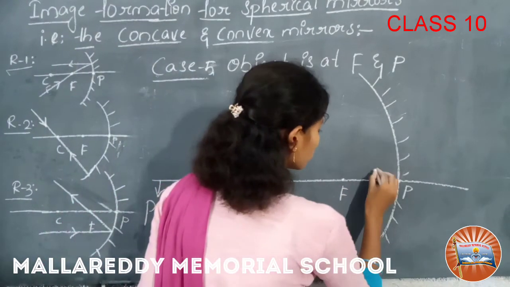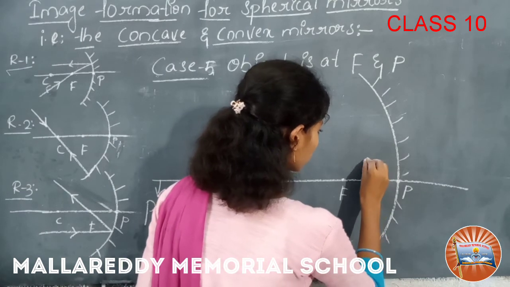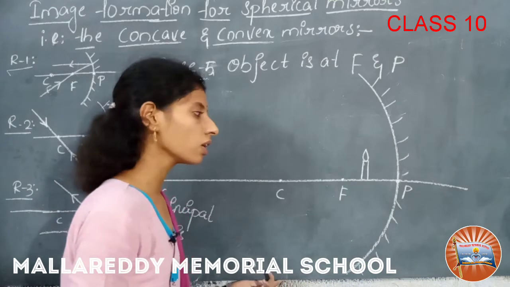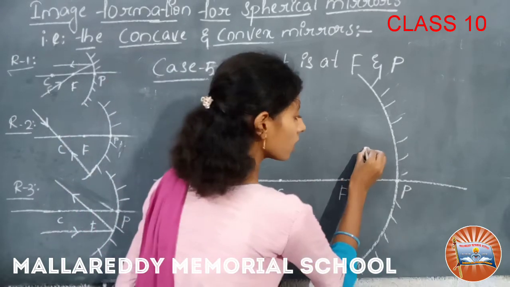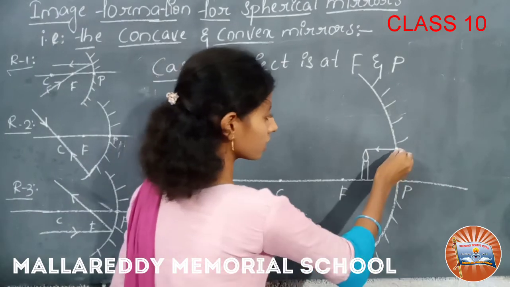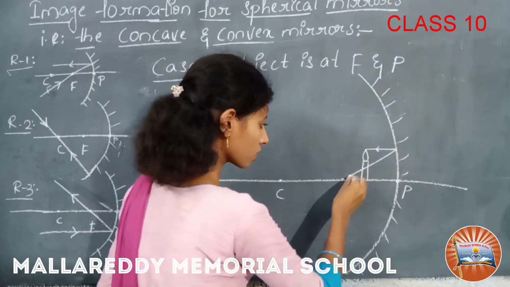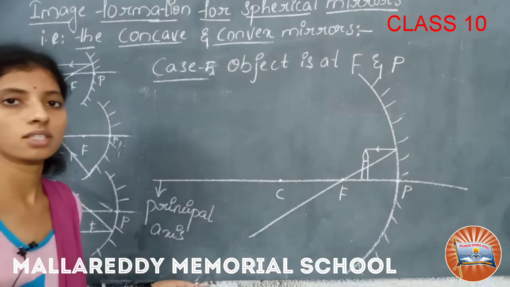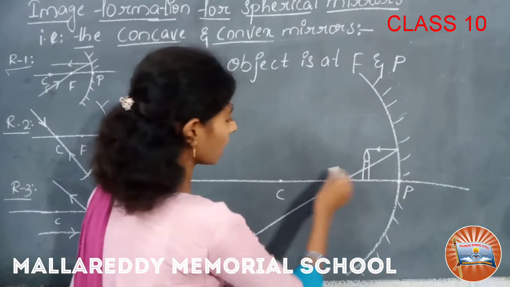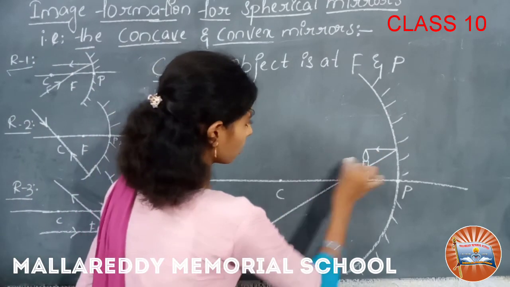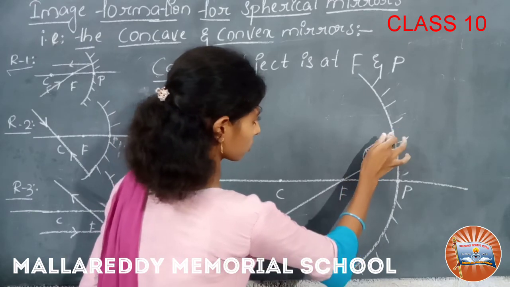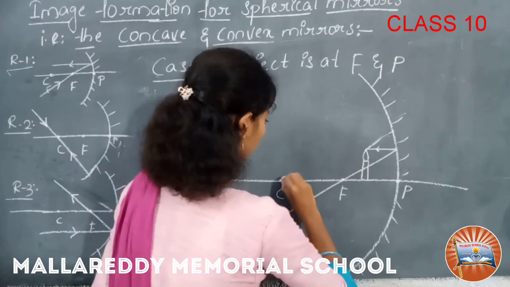So now here the object is between the pole and principal focus here. So now when the light ray is incident on the mirror, right, it is reflected through the principal focus, right? Now when the light ray is incident through the center of curvature, I want to take from here.